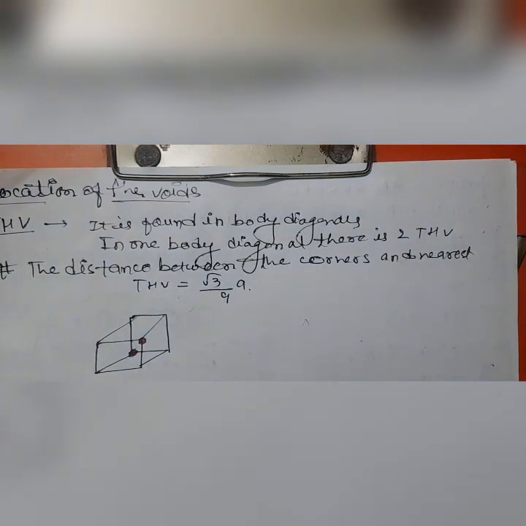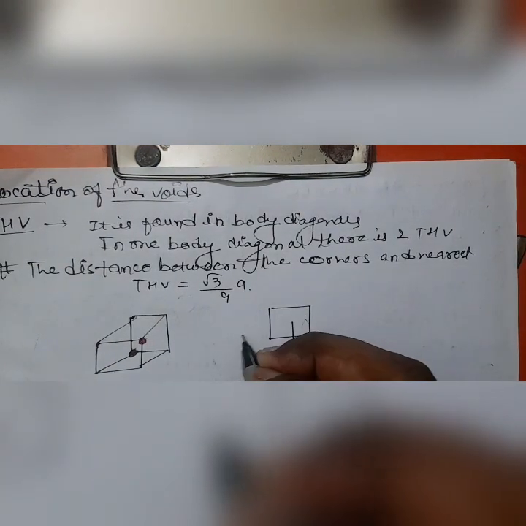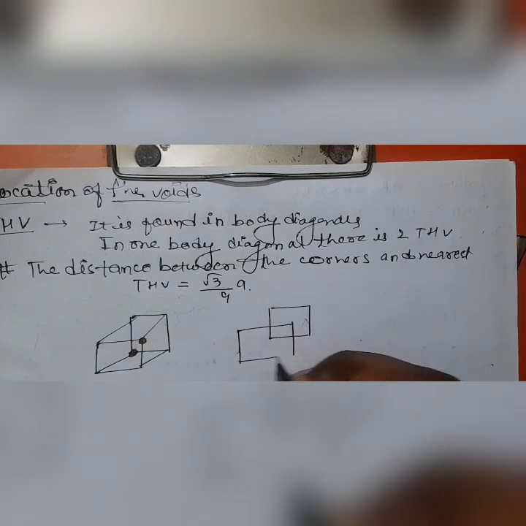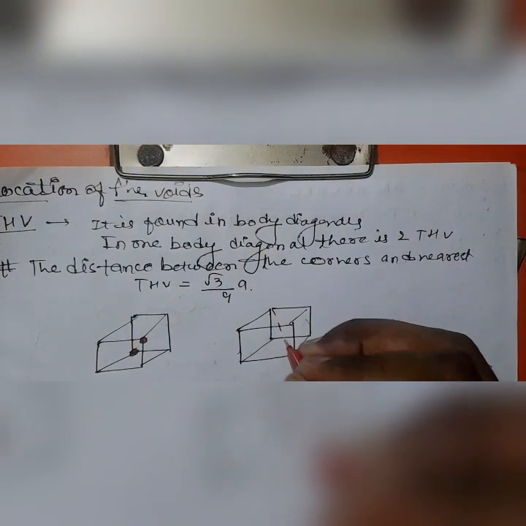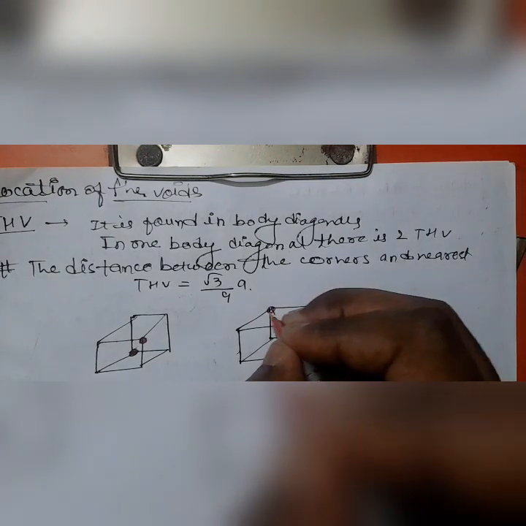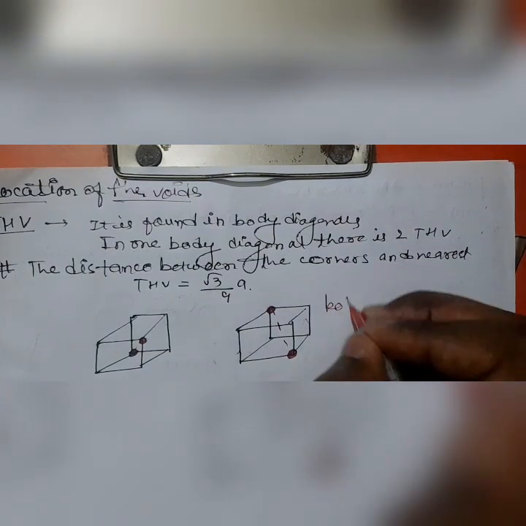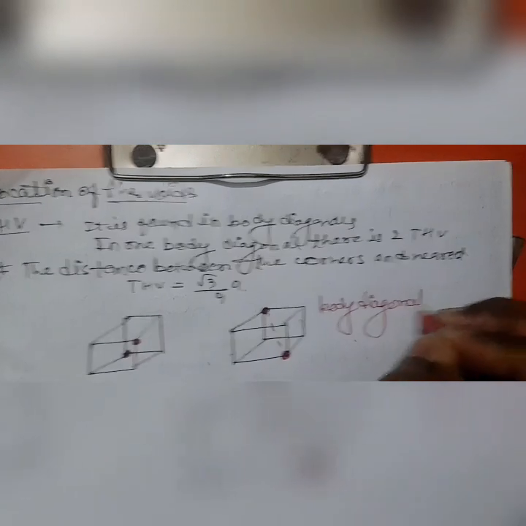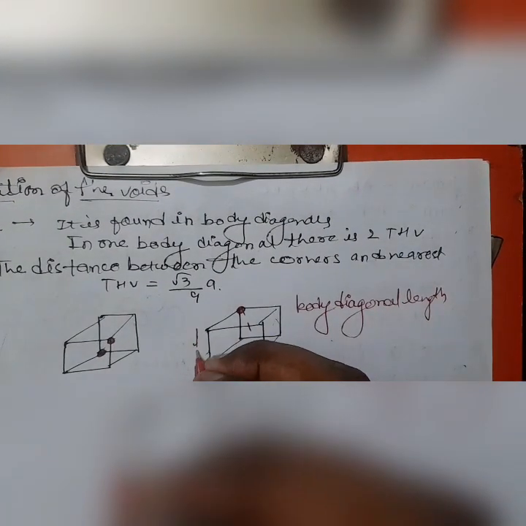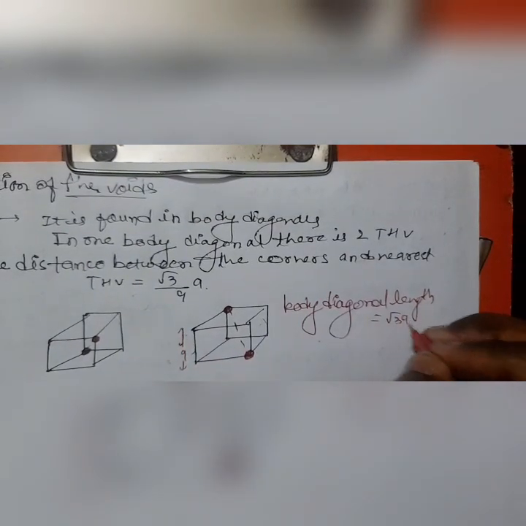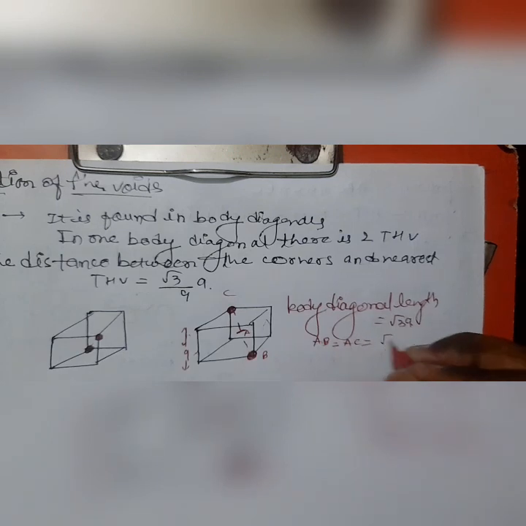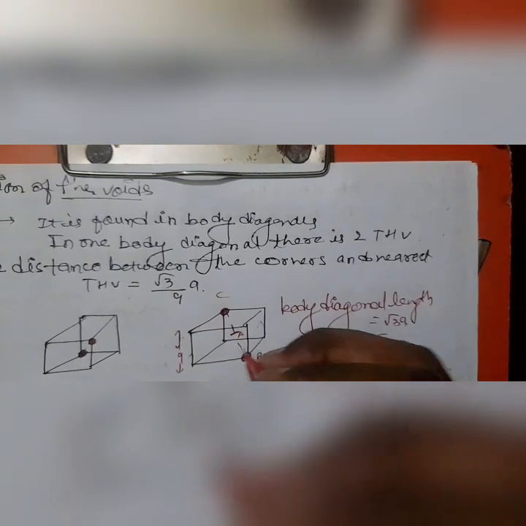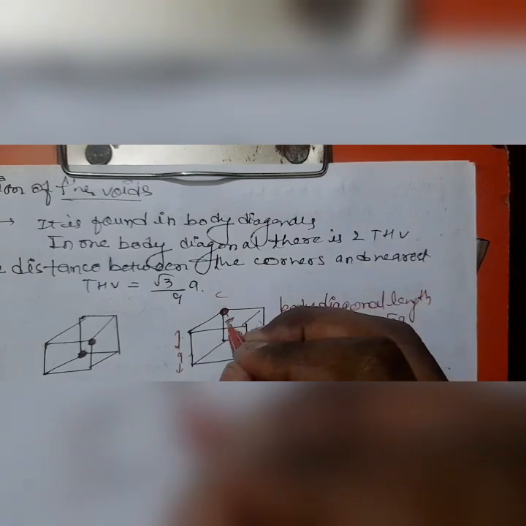In this cube we are not able to explain it, so give me another chance to make another cube with another body diagonal. Yes, this is the body diagonal. The body diagonal length of a cube having side length a is root 3a. So from this, AB equals AC equals root 3a by 2. As mentioned, the distance between the corner and the nearest tetrahedral void is root 3a by 4, meaning one tetrahedral void is present there and one tetrahedral void is present there.